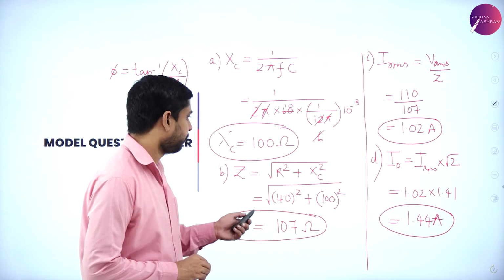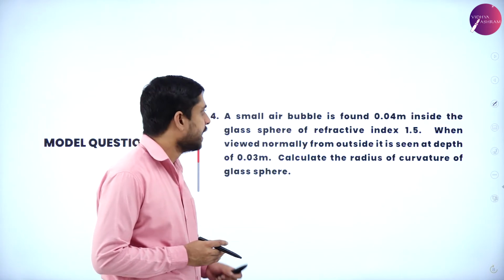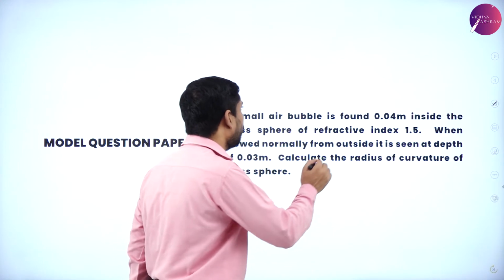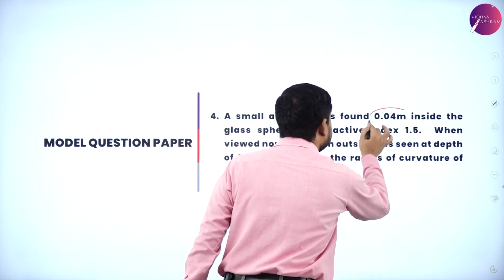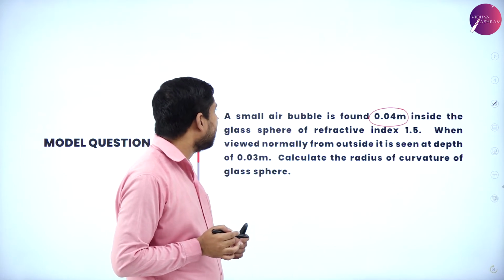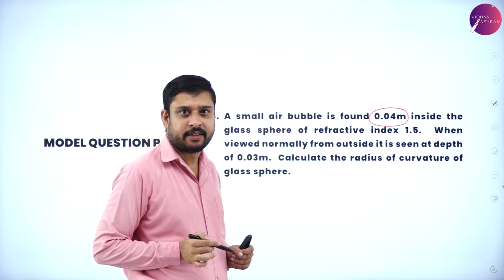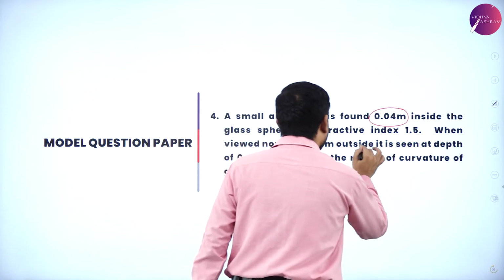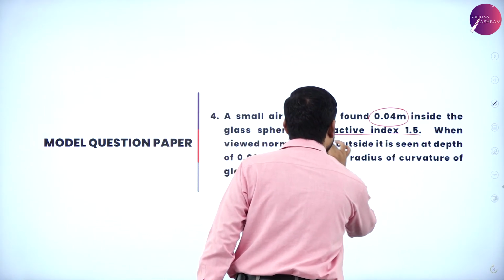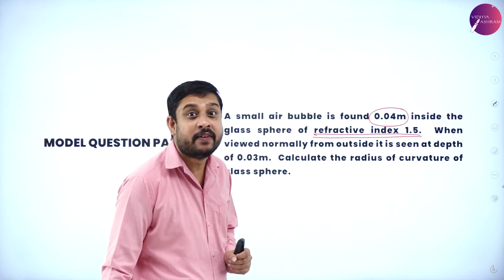The next one: a small air bubble is found 0.04 meter inside a glass sphere whose refractive index is 1.5.